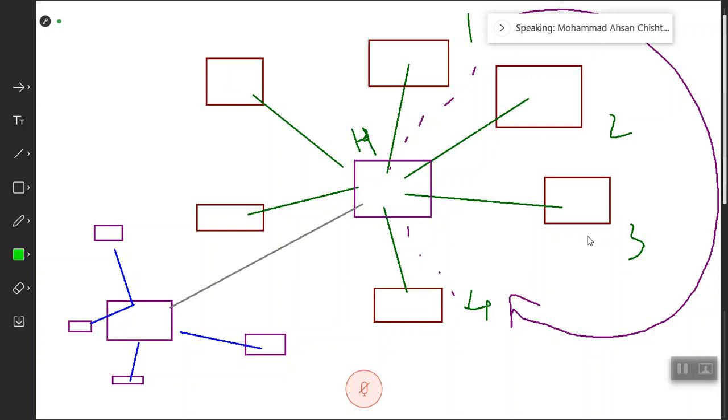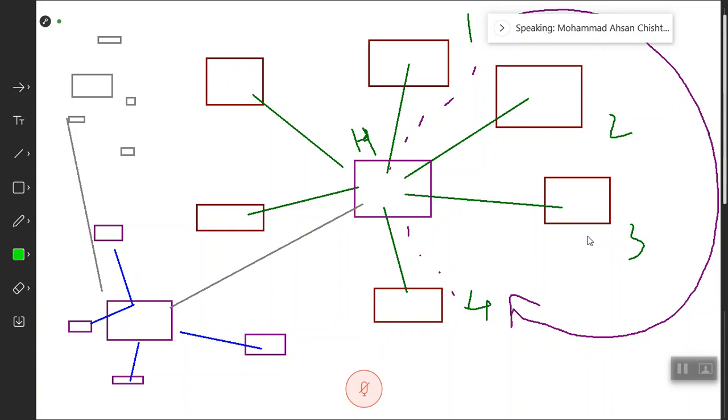Like I would have here a third star. If this is a third star, this linearly connected in a daisy fashion is known as a distributed star.